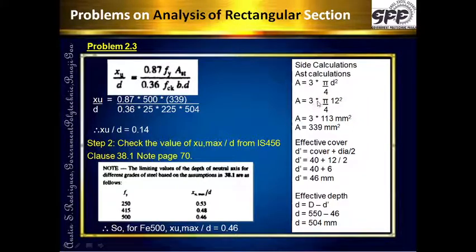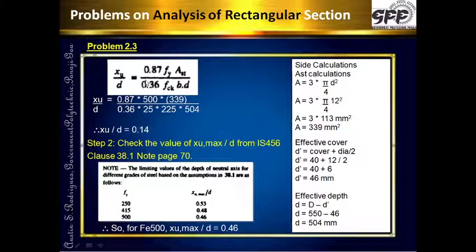So we have 3 bars multiplied by area of a circle, which is pi d square by 4. So pi by 4 into 12 square. So area is equal to 3 into this calculation comes to 113 mm square. So area comes equal to 339 mm square. So this value of 339 has been used for area of steel.